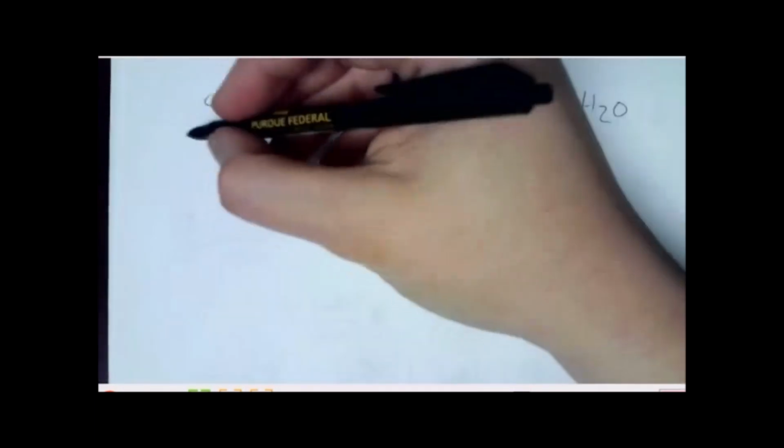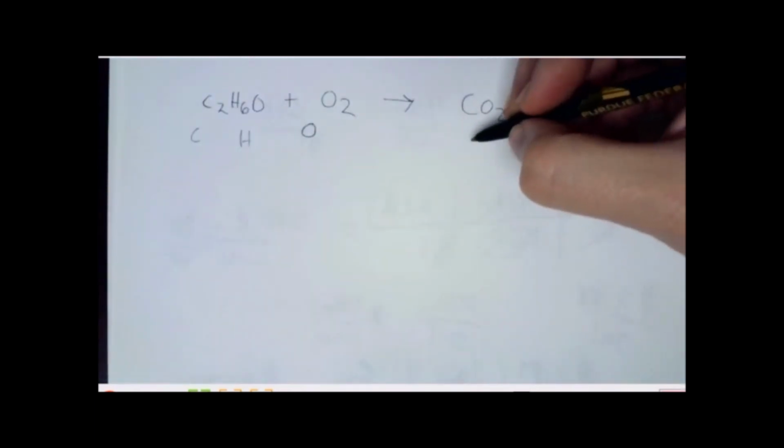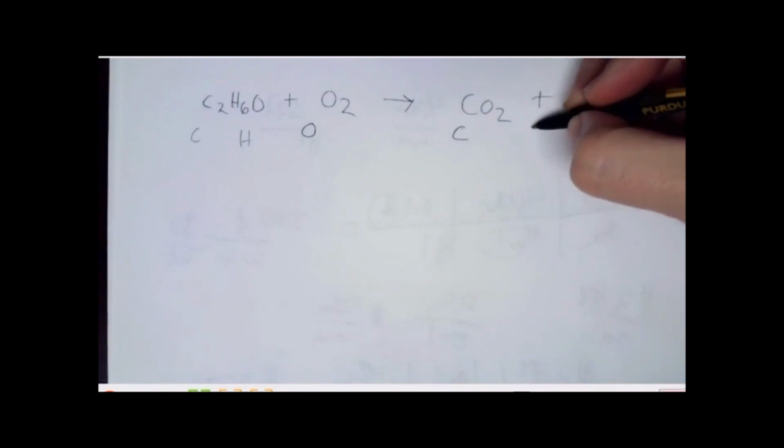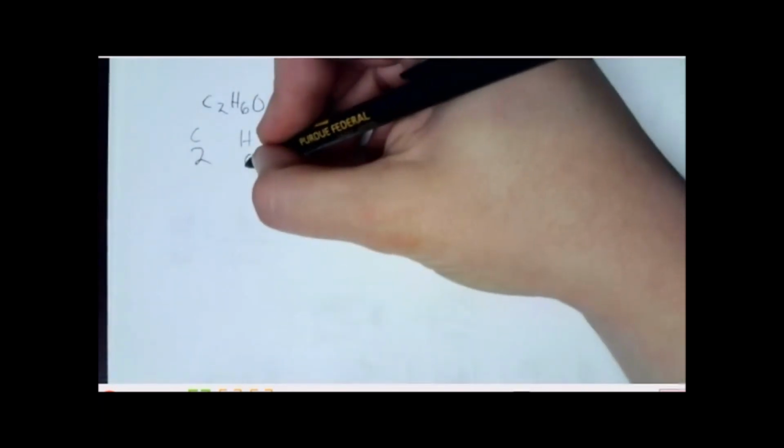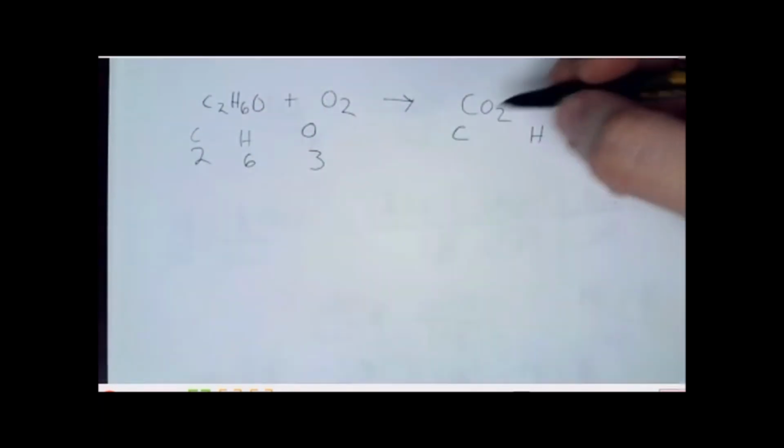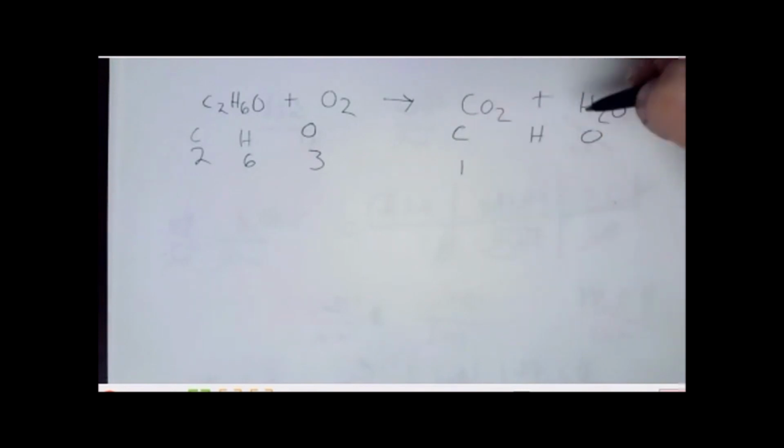To balance this, we need to make sure all the carbons, all the hydrogens, and all the oxygens on both sides are the same. These numbers will change as we go. Right now, by itself, you'd say, oh, the oxygens are balanced. But remember, we do the oxygens last, and everything has to be balanced.